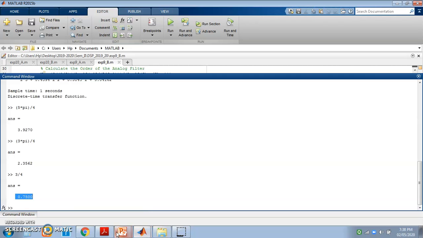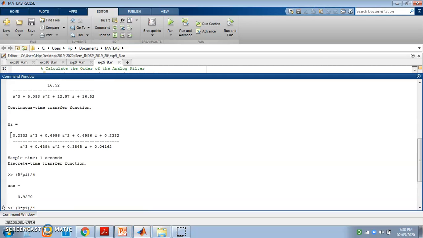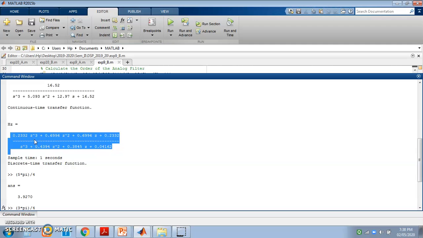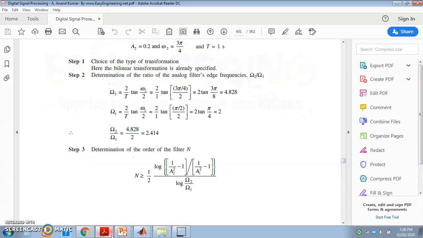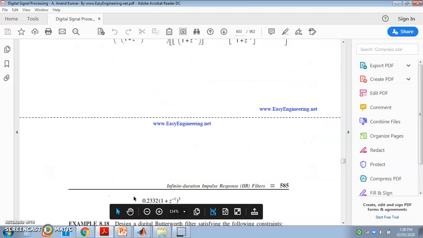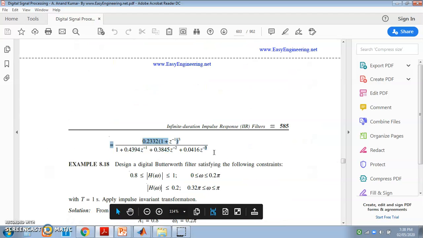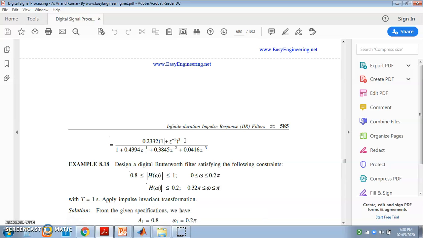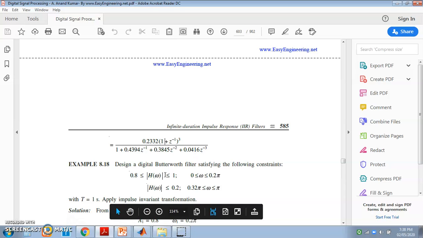One more thing is there. Here if you observe the transfer function of our digital filter, it is in positive power of z, and here in the solution we have limited our solution to negative power of z. So one can convert this negative power of z into a positive power of z simply by dividing numerator and denominator by z raised to minus 3.